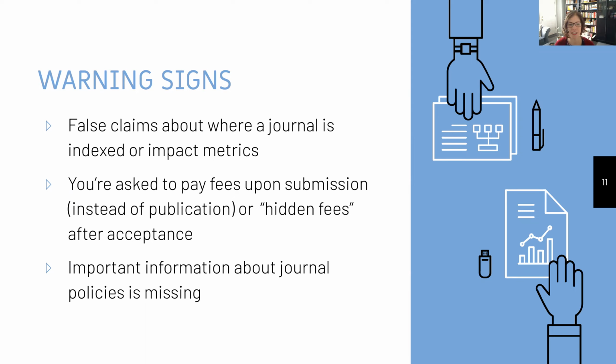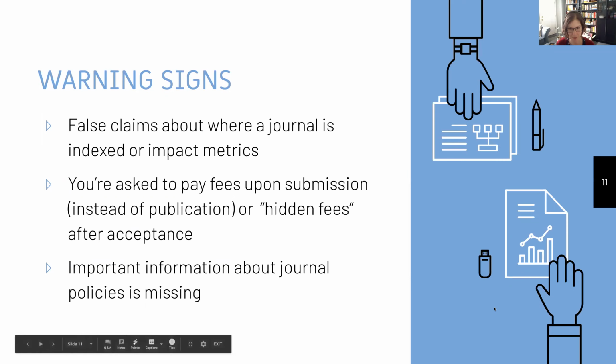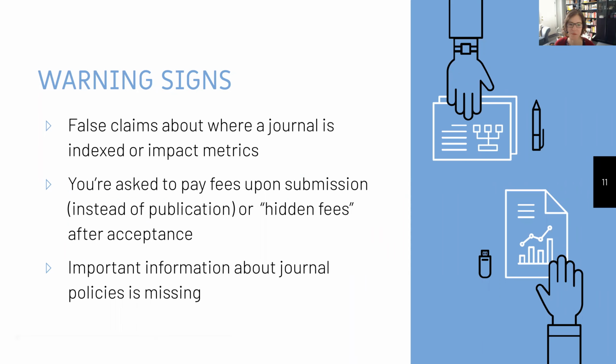They may not tell you about your rights as an author. One easy to overlook factor is: is there a digital preservation policy, or how will the publisher preserve articles in the long term? And on that last point, scam journals don't have as much of an incentive to keep your articles available in the long term once they've gotten paid. So if you publish in one of these journals, you might find that your article disappears from the web someday.